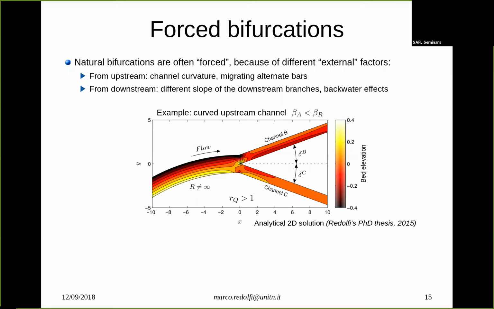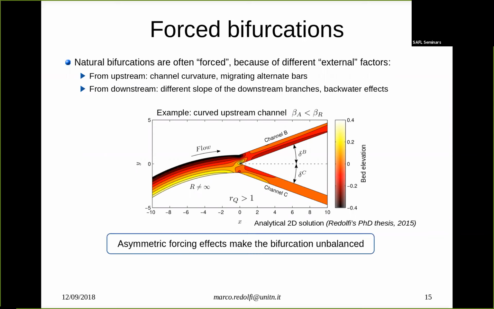Here I report a solution for a curved upstream channel. In this case, more water tends to flow at the outer bank, so the left channel is advantaged. As a result, the bifurcation, regardless of the resonant threshold, tends to be unbalanced.